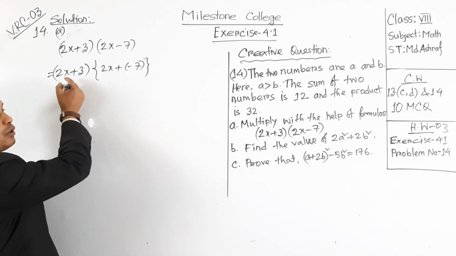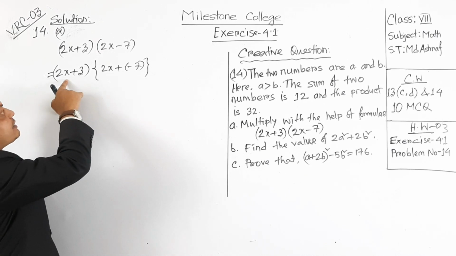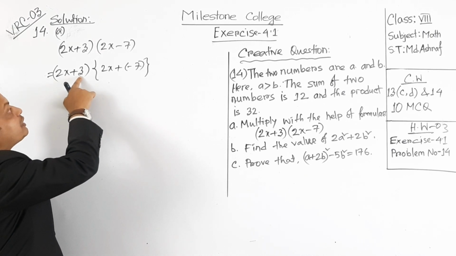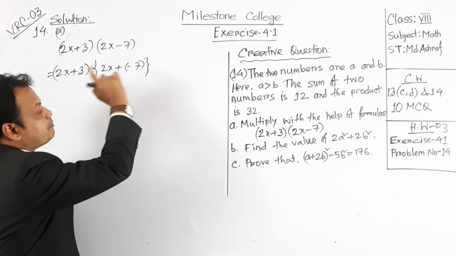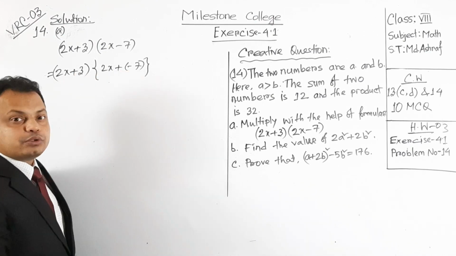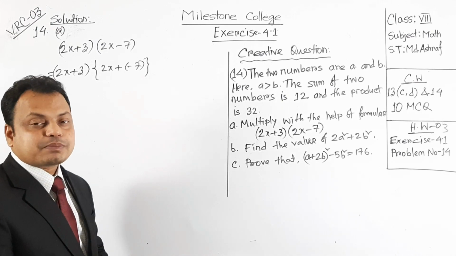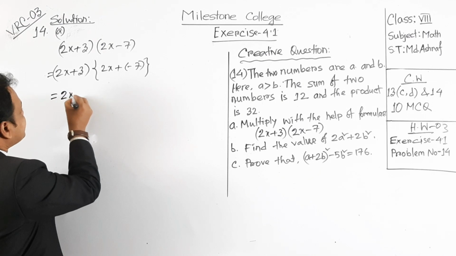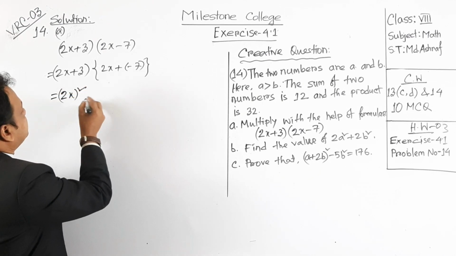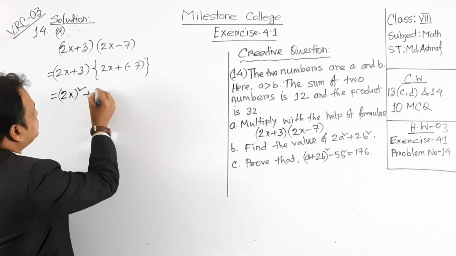So 2x, now 2x will be x. Consider this one is x and this one is a. So you get x plus a, and it will be x plus b. Okay. So you know the formula, x plus a into x plus b. What will be? So it will be x square plus a plus b into x.